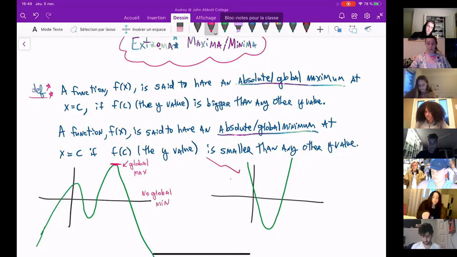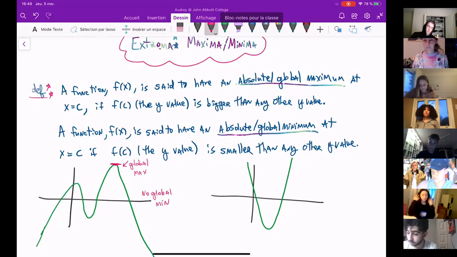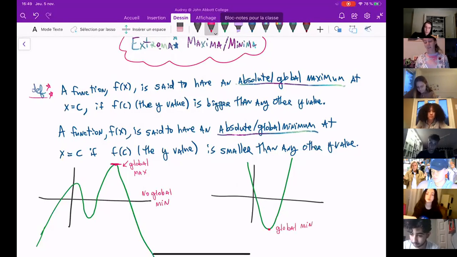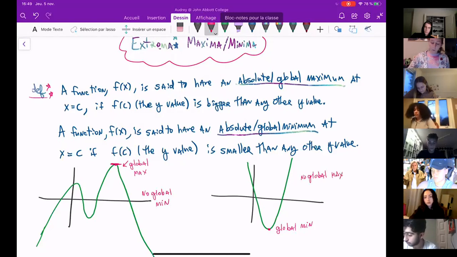What about over here? Does this one on the right have a global min? Yes. So this is my global min, the place that's lower than everywhere else. Does it have a global max? No. No global max.